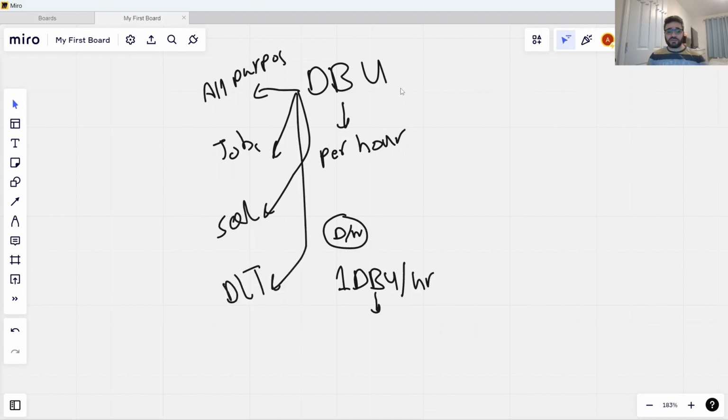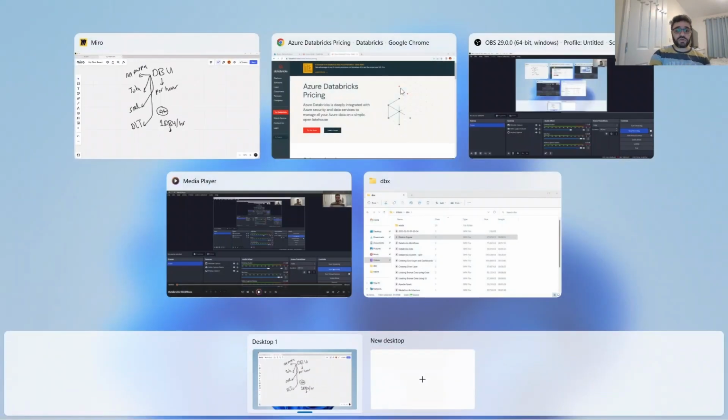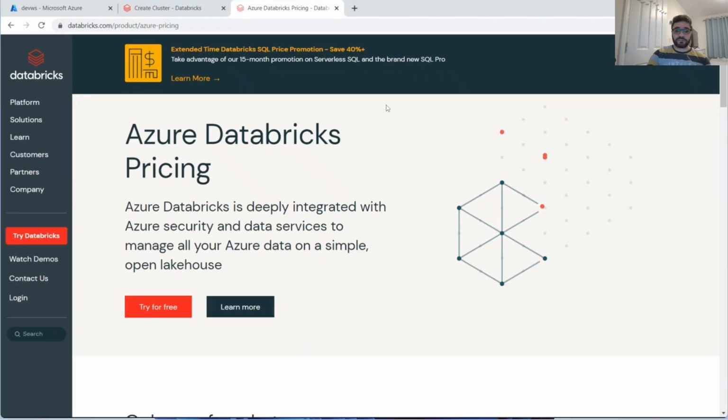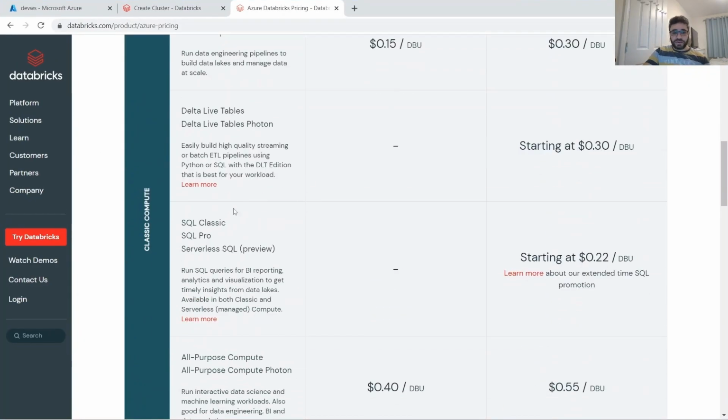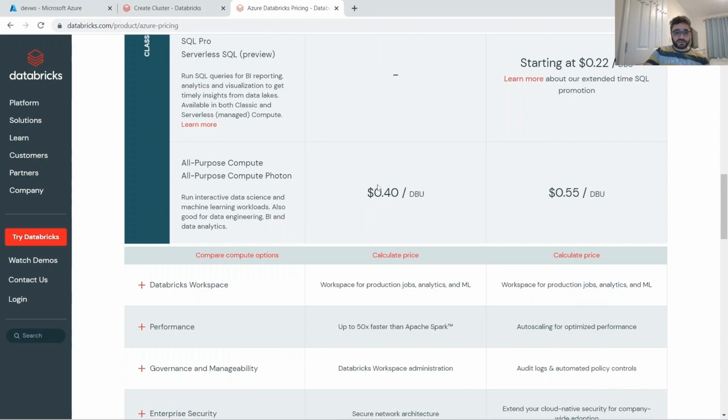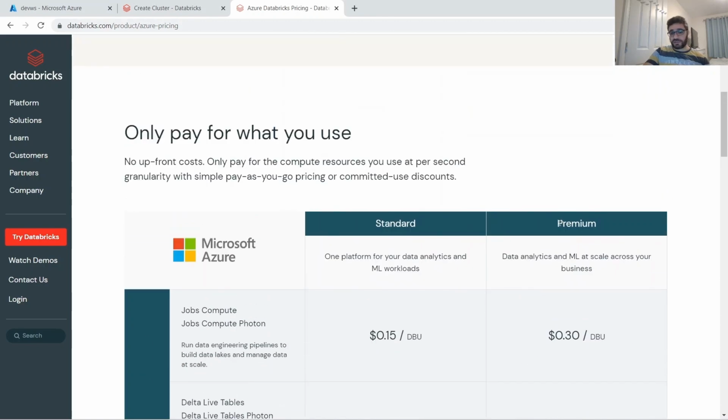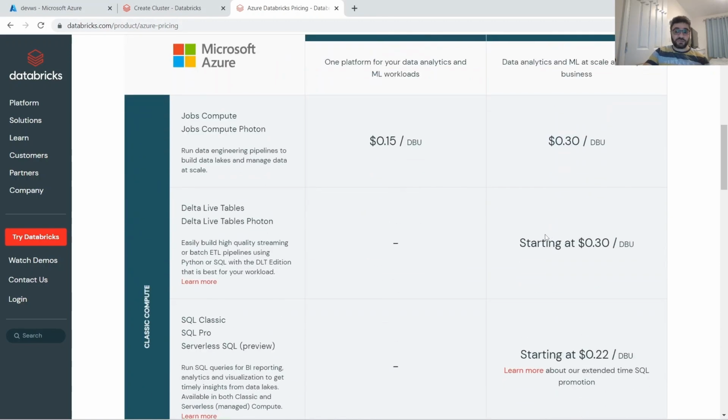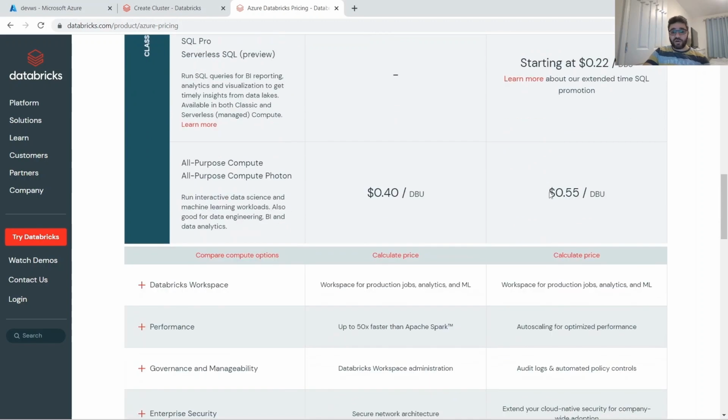Depending on which cluster type you create, Databricks will tell you the cost of 1 DBU. This is the multiplier. When we create a standard cluster, it's called an all-purpose cluster. Our workspace is a premium workspace, with security features and so on. That is 55 cents for each DBU.